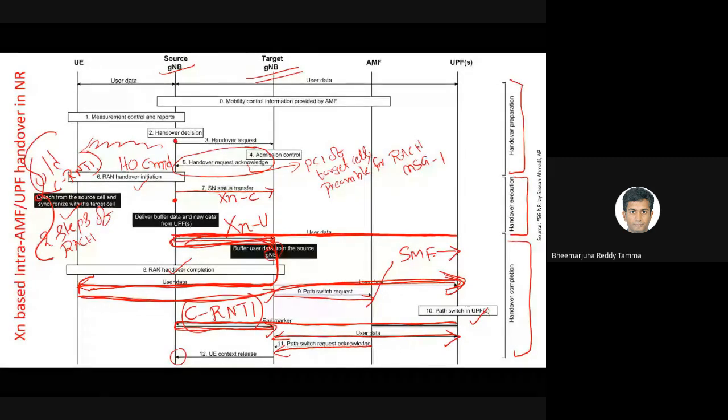Like in step 6, it has received the handover command from the source gNodeB. After that, it does the RACH procedure and tries to connect with the target gNodeB. What this tells us is that until the user equipment finishes the RACH procedure with the new base station, it can keep transmitting to the source gNodeB. That is the meaning of this.